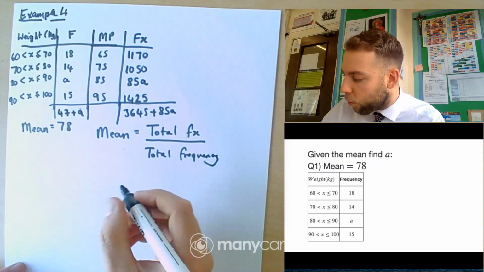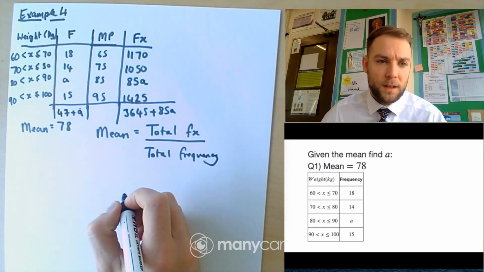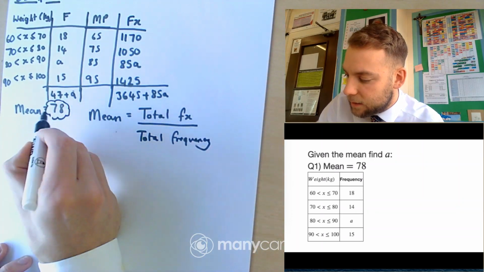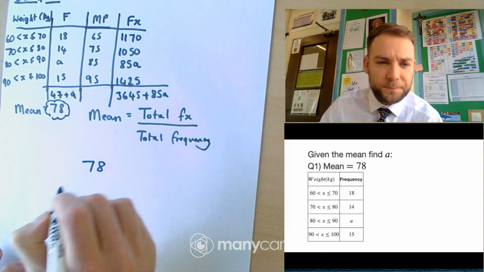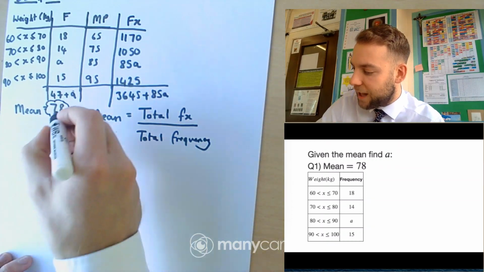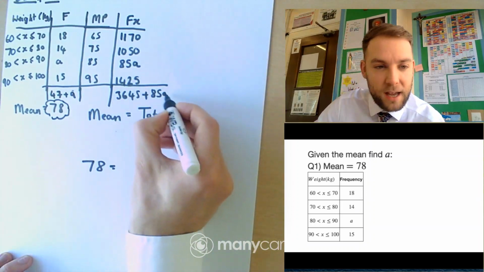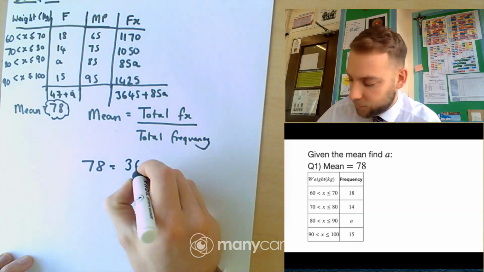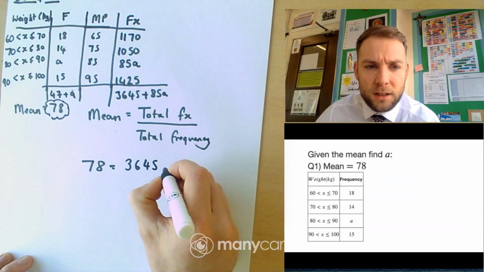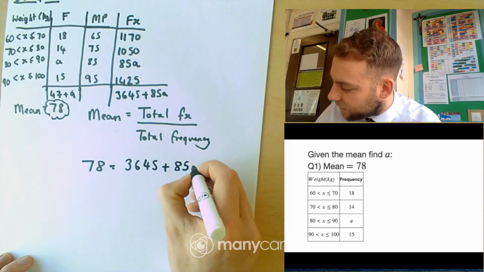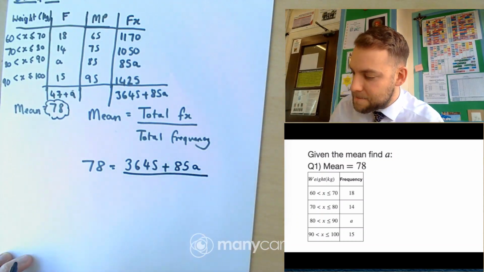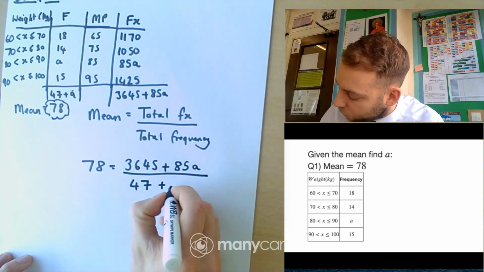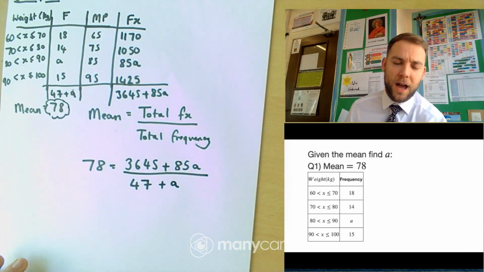And what I'm going to do now is substitute all of these values in, and I'm going to work backwards. So my mean is equal to 78. My total fx in this case is this one here in terms of a, 3,645 plus the 85a, divided by your total frequency, which in this case is 47 plus a.